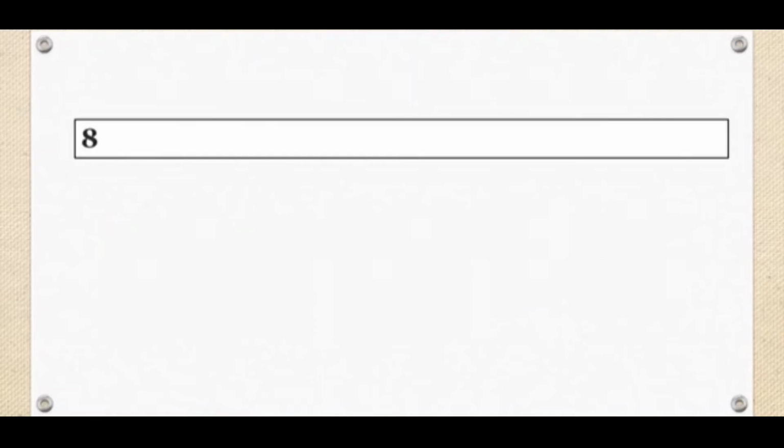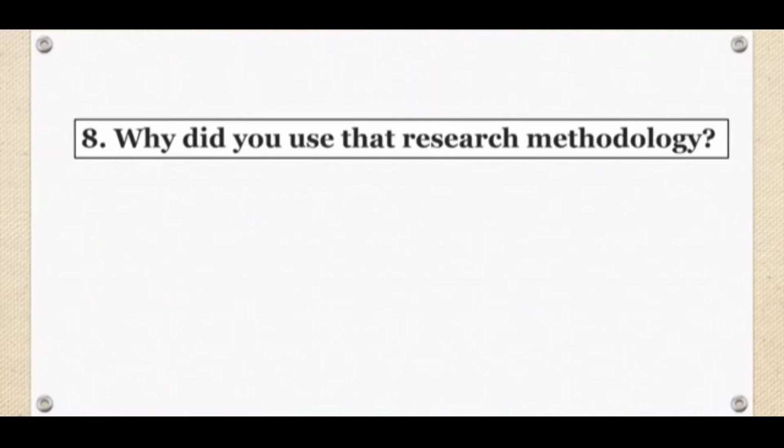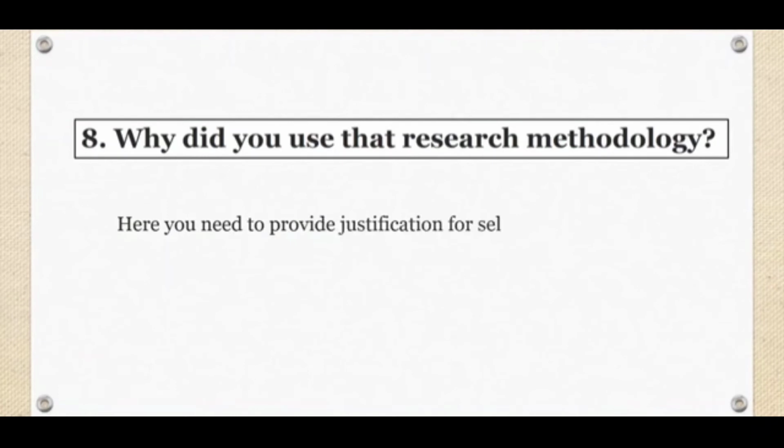The next question: why did you use that research methodology? In this question, basically, the interviewer is going to ask you for the justification, that is, what was the basis, what was the reason behind using this particular research methodology. So you need to provide some argumentation or evidence for using a particular research methodology.